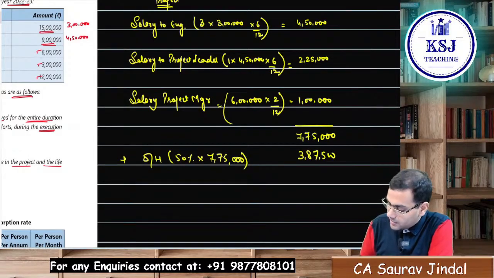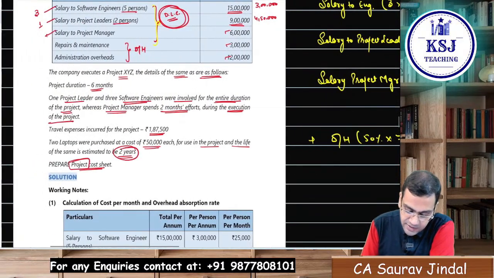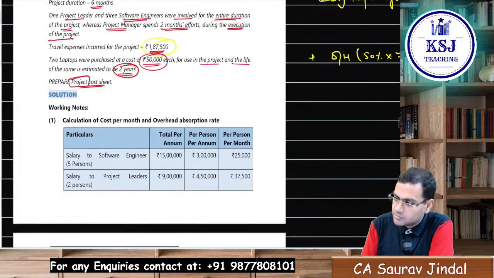So 3,87,500 plus 7,75,000, that comes to total cost of 11,62,500. After that you have to add the travel expenses as well as the depreciation on the laptops, right?